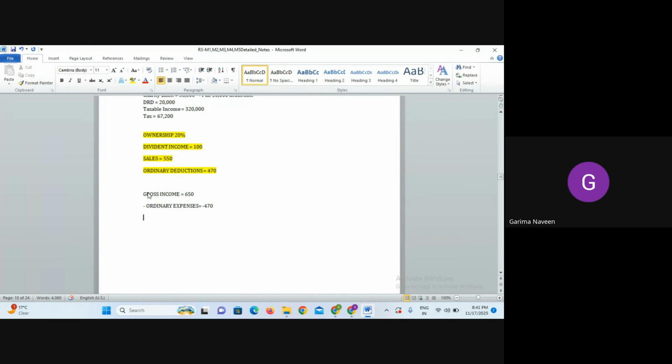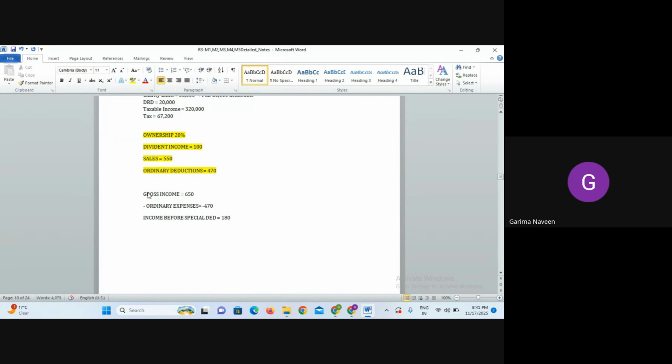You could also have charitable deductions, but since I have not given any here, skip this part. Then you get your income before your special deduction: 650 minus 470 is 180.